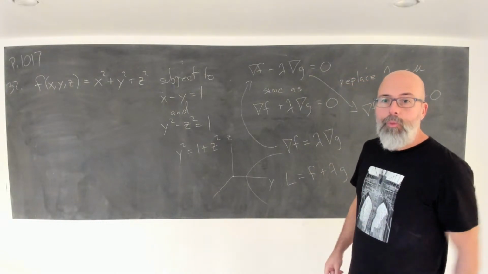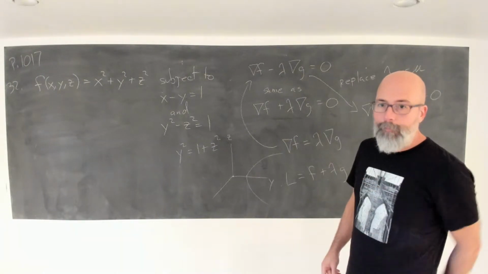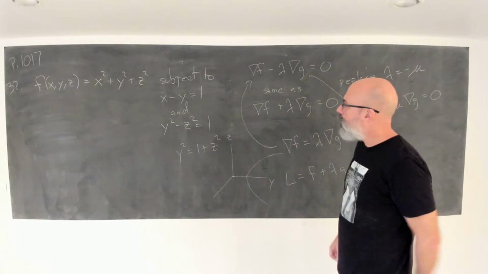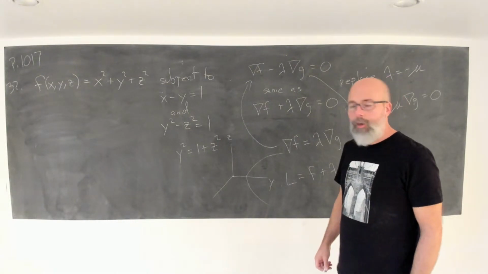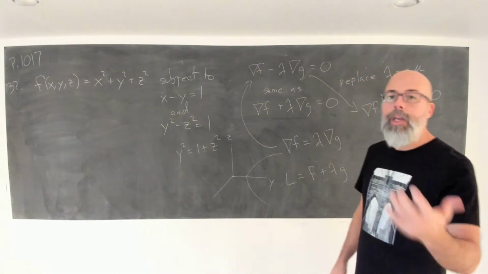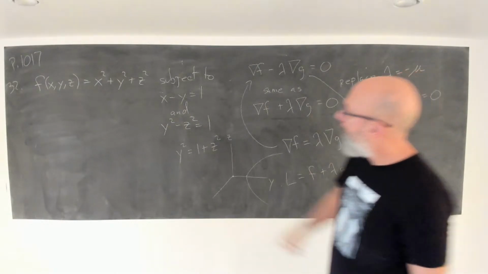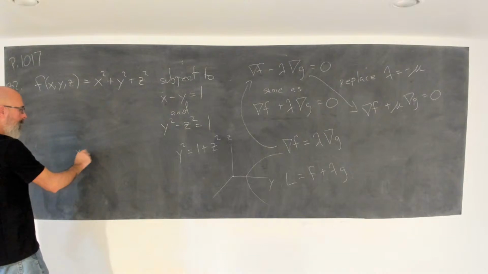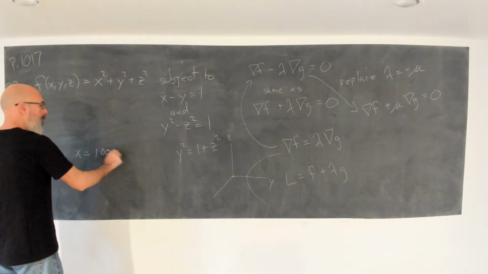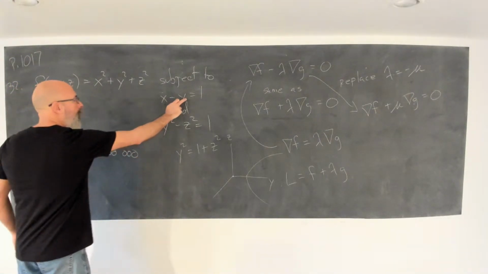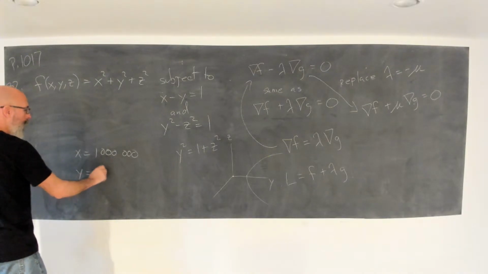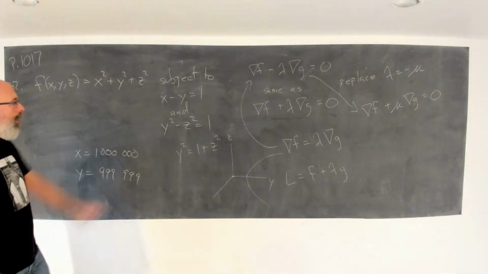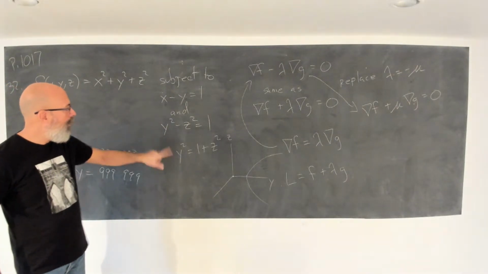Right, exactly. We said the max was 5. That was incorrect. That was incorrect, and that is thanks to Kai Wen for pointing that out. There is no maximum here, right? What I'm saying is, if you take x to be 1,000,000, and then you can take y to be 999,999, so it's on this plane.